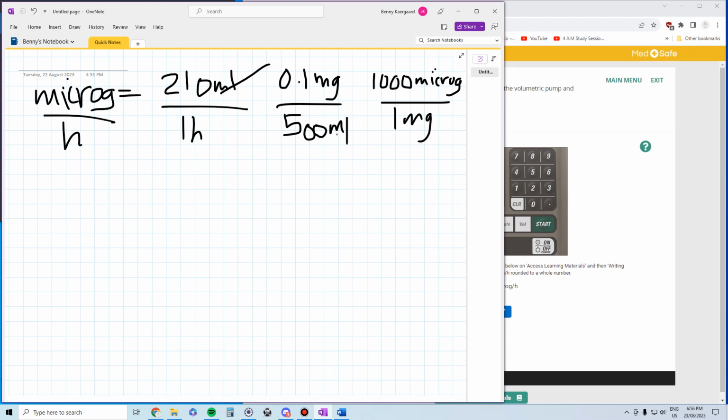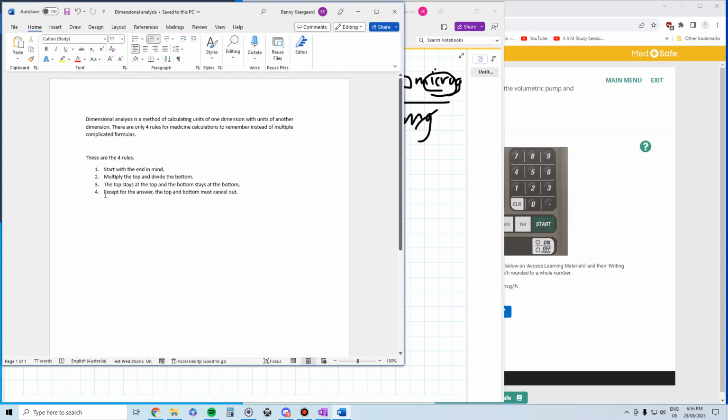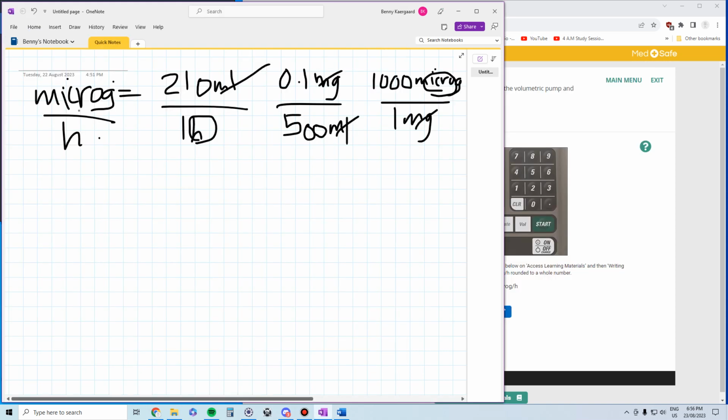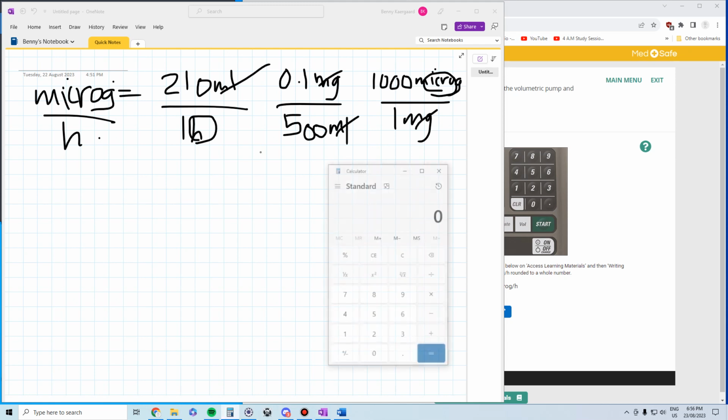Now this cancels out, this cancels out. This doesn't have to cancel out, neither does this, because rule 4, except for the answer, top and the bottom must cancel out. We've got milliliters, we've got micrograms up the top, we've got hours at the bottom.